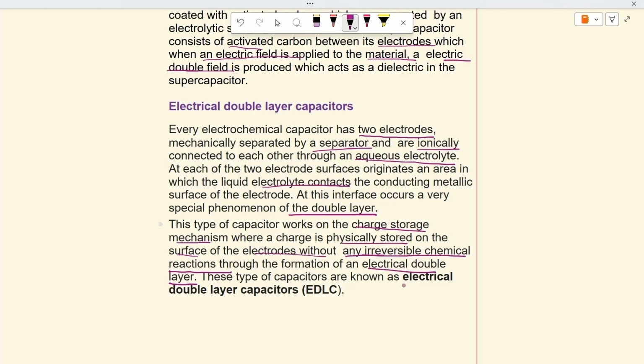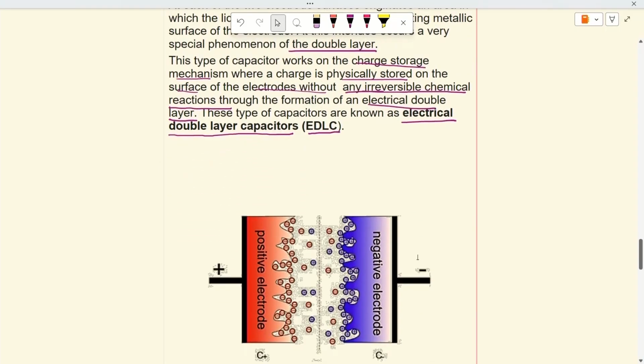So, these types of supercapacitors are also known as electrical double layer capacitors or EDLC in the short form, electrical double layer capacitor. Now, I will show you the mechanism. See, actually what happens is we have a positive terminal and a negative terminal. Okay.